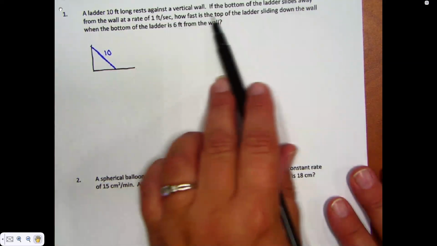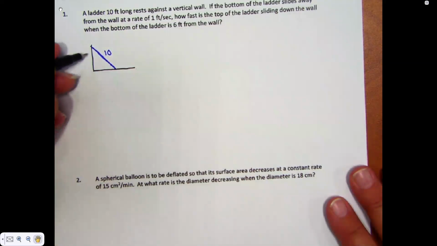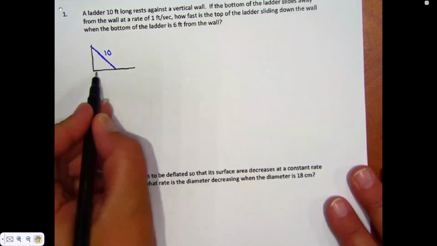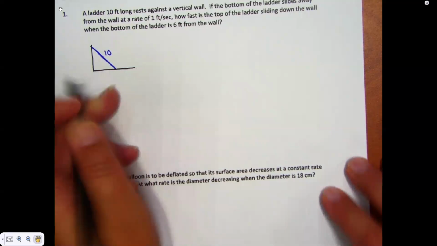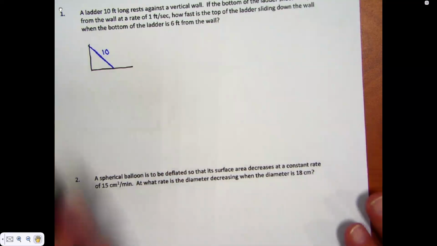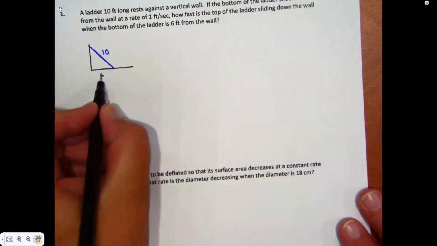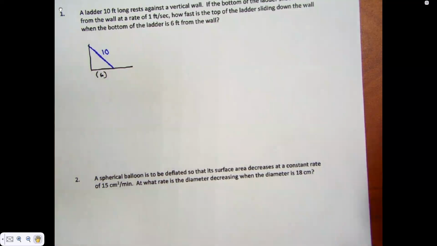How fast is the top of the ladder sliding down the wall when the bottom of the ladder is at 6 feet? So this distance is always moving because it's sliding, but we want to know when it's 6 feet. So maybe I'll put it in parentheses. That's always changing, but we're talking about the moment in time when it's 6 feet.